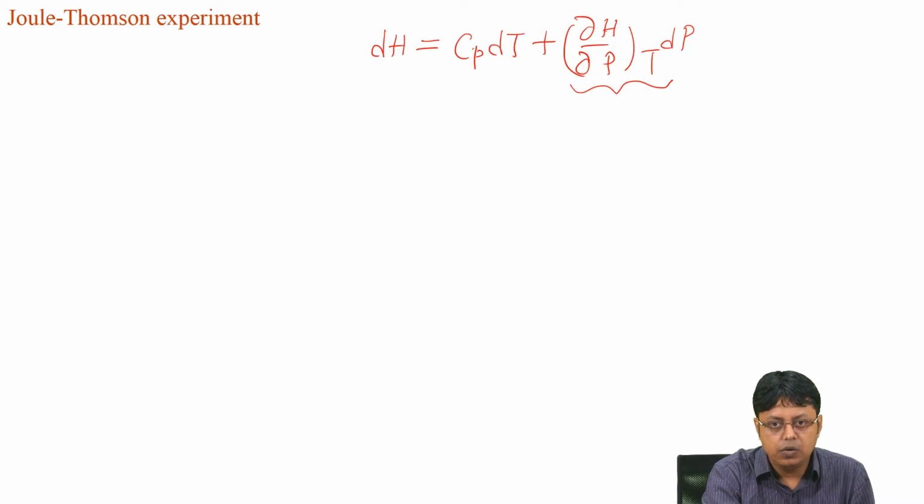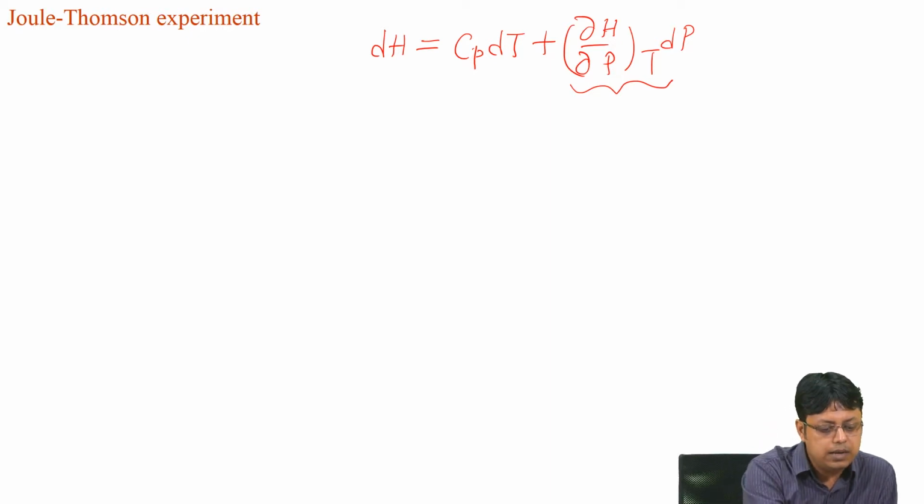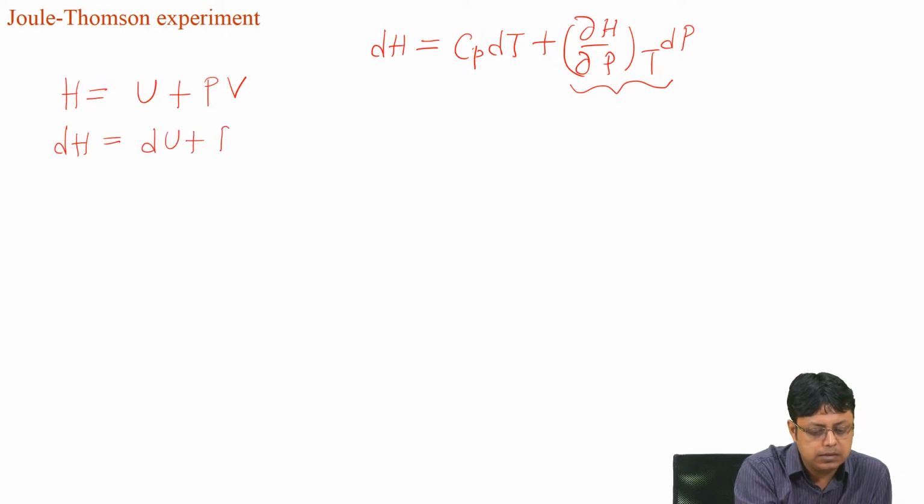For that, we will discuss something known as Joule-Thomson experiment, but before that, let us discuss what is the total derivative for enthalpy. Now, enthalpy was defined as U plus PV. So, the derivative dH is nothing but dU plus P dV plus V dP.